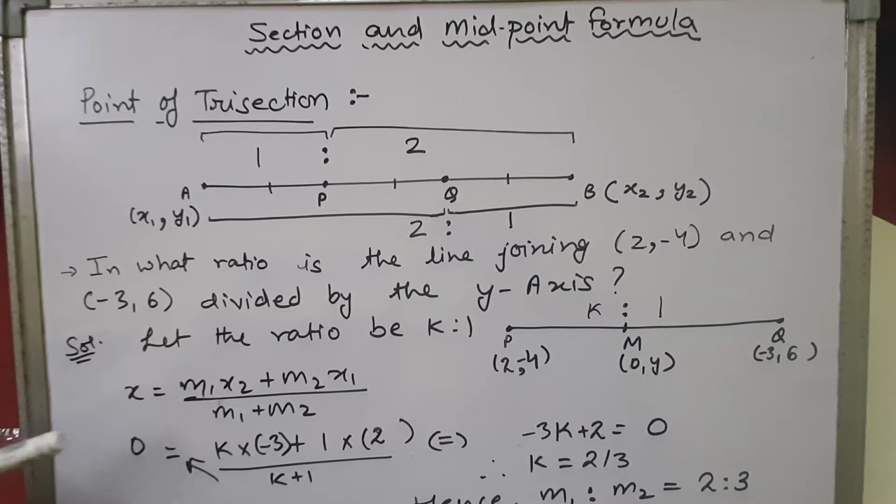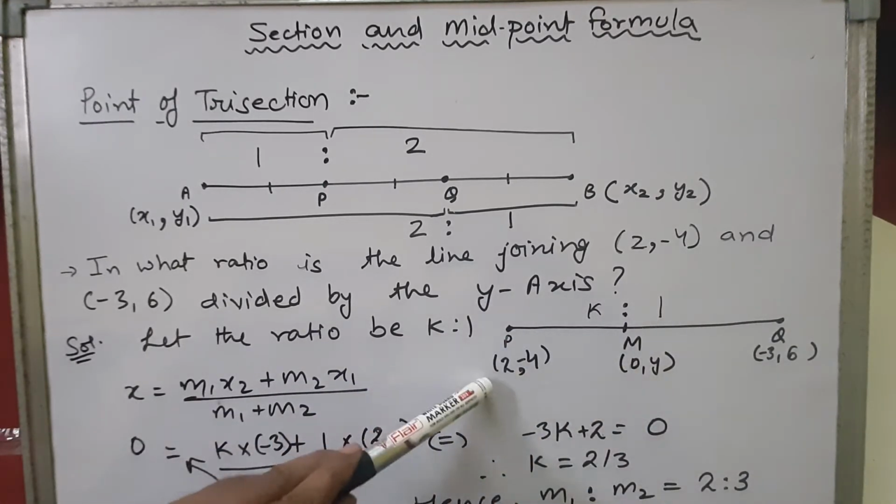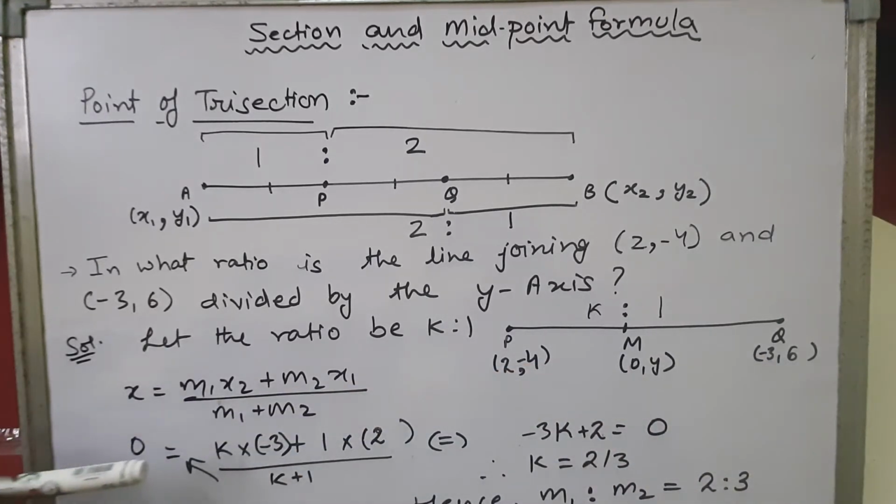Here m1 is k, m2 is 1, x1 is 2 and x2 is minus 3. So k into minus 3 plus 1 into 2 upon k plus 1. This is equal to 0. Cross multiplying, k plus 1 gets multiplied by 0, which becomes 0 because the value of x is 0 here. So we get minus 3k plus 2 equals 0. Transferring and cross multiplying, we get the value of k as 2 by 3.